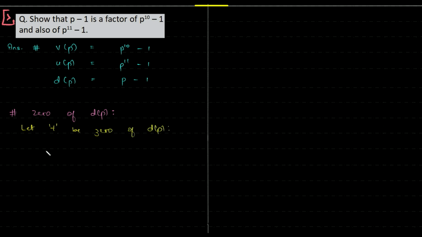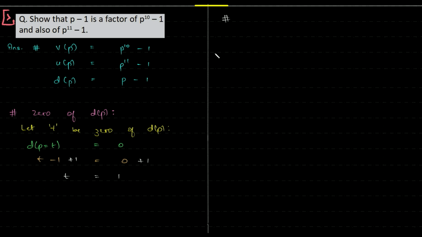So if I equate p to be equal to t, my output will be equal to 0. Now in place of p, I'm going to write t. So t minus 1 will be equal to 0. We'll add 1 on both sides. So t will be equal to 1.